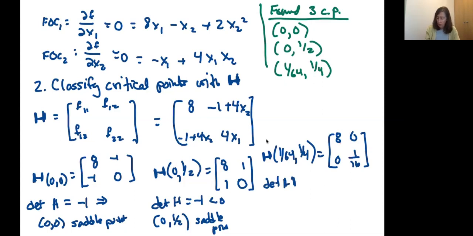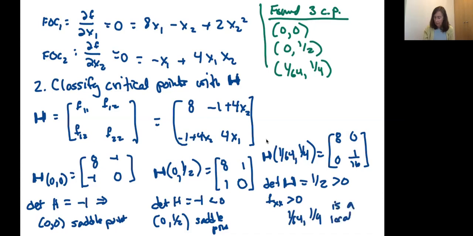Determinant of H is 1/2. That is greater than 0. So it's not a saddle point, and both of my direct partials are positive. I could have just as easily written FYY there, but we can conclude that (1/64, 1/4) is a local min.